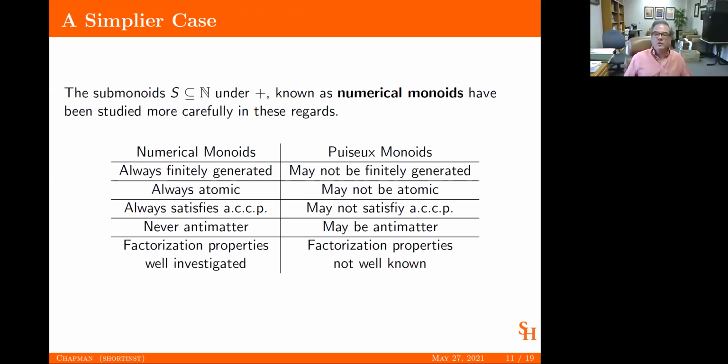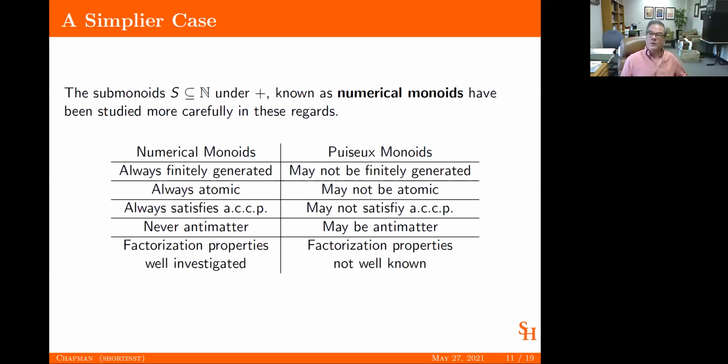But numerical monoids are always finitely generated. They're always atomic. They always satisfy the ACCP. They're never antimatter. And if you like to investigate factorization invariants, numerical monoids, this has been done to an extreme. You can spend a lot of time in the literature looking at papers on this.